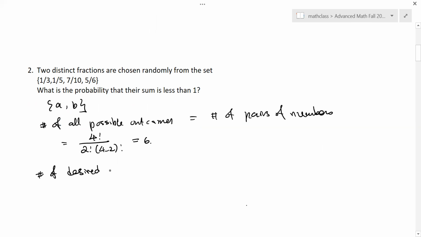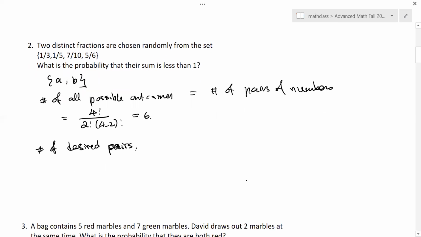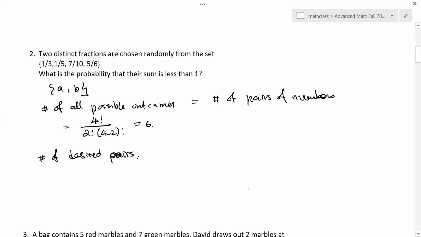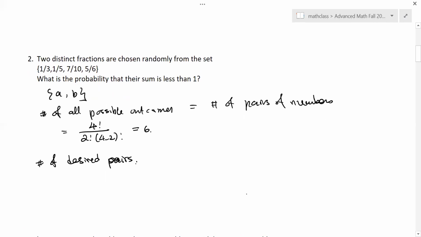So the question is the number of desired outcomes, or you can say desired pairs. We want to find out which pairs of numbers, when added together, have a sum less than 1. You begin with 1/3. 1/3 plus 1/5 is less than 1, yes.